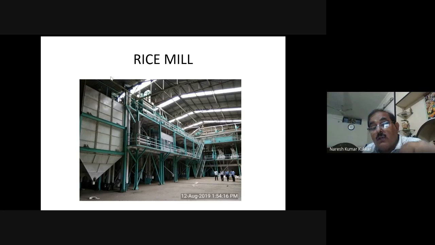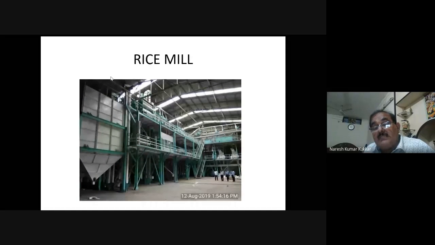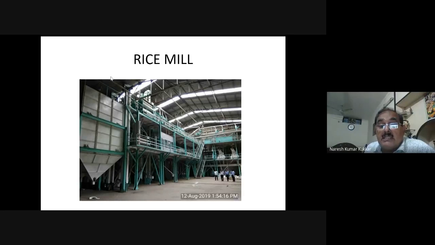On the first floor you will see 4 or 5 square boxes. These are the polishers, where the polishing of rice is done. And then on the same floor, there is an aluminium chamber in which the Sortex machine is situated, from where the rice is sorted out.